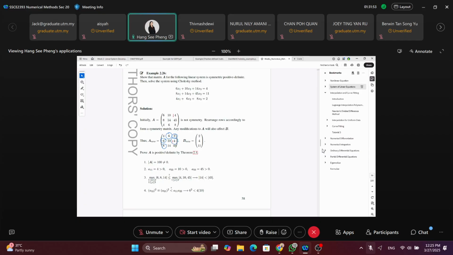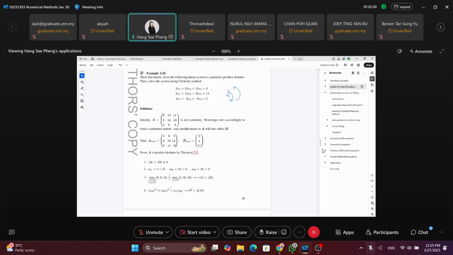This is a typo in my notes: A23 equals A32. So that is symmetric. After you rearrange the rows, or the equations, it will give us the symmetric matrix. And don't forget, if you do the rearrangement, don't forget the B as well. If you rearrange the whole row, it should be rearranged. So row 1 goes to row 2, row 2 goes to row 3, and row 3 goes to row 1.